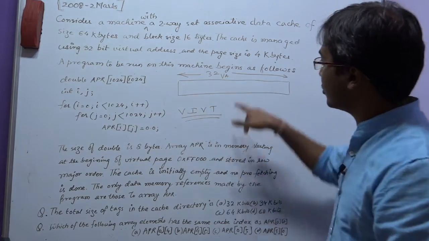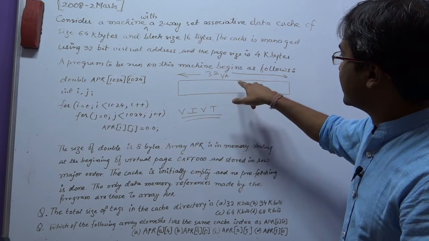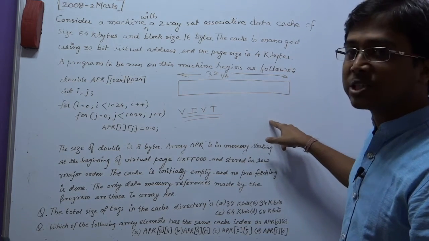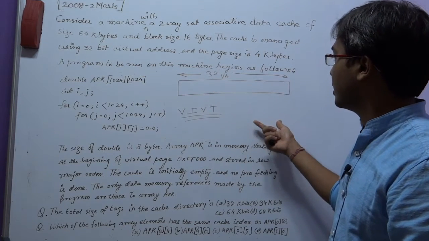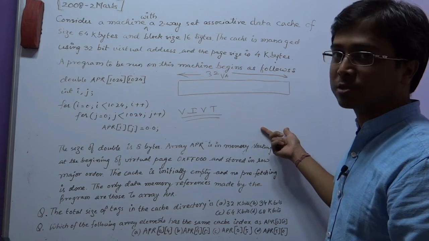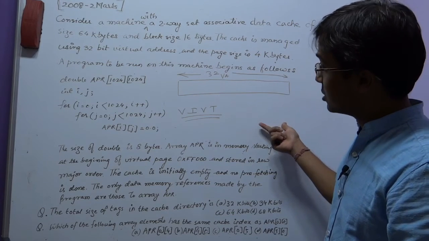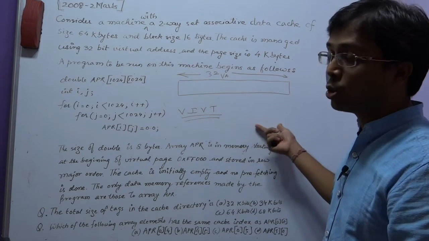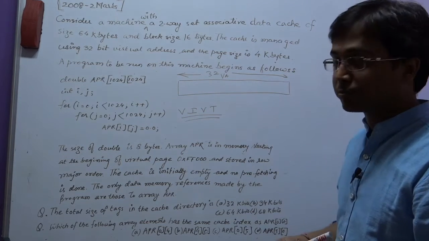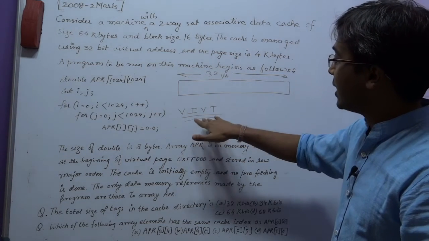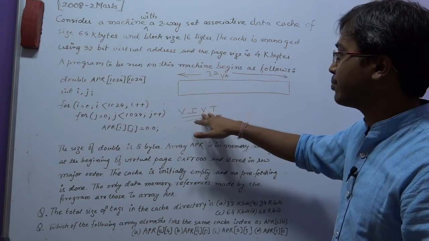That means the virtual address is used for indexing into the cache, and the tag field from the virtual address is used for matching with the cache blocks, right? That means the tag field from the virtual address is stored in the cache blocks of the cache. So this is a virtually indexed, virtually tagged cache.